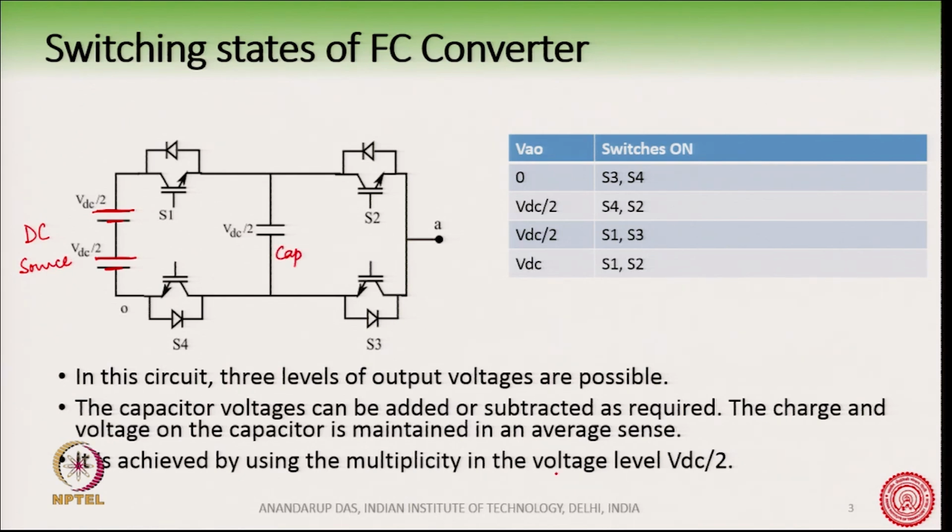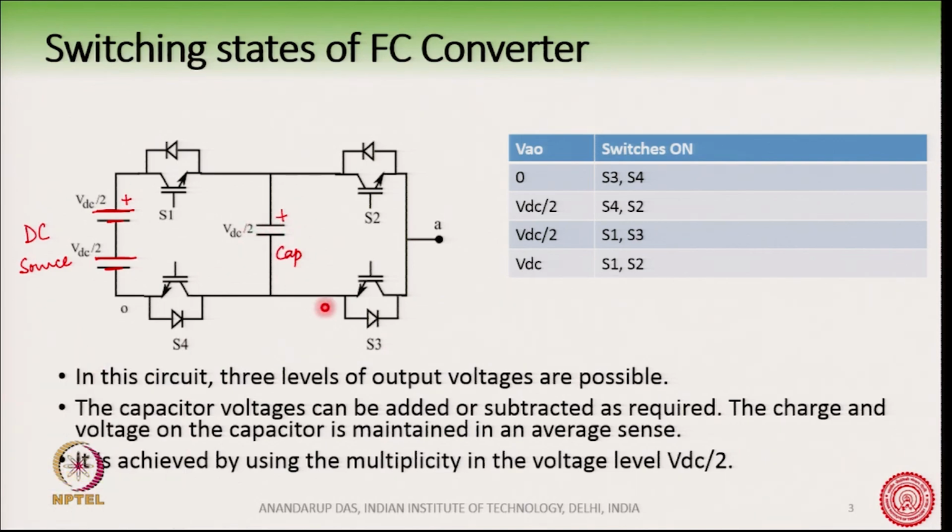So, how are we going to operate? You can see here that this DC source is connected to the capacitor via these switches here. Basically, what we are doing here is that we can insert this capacitor either in series with this DC source or we can bypass the capacitor.